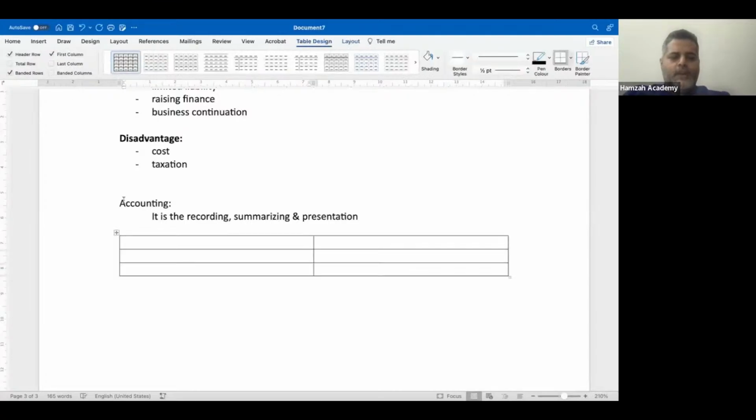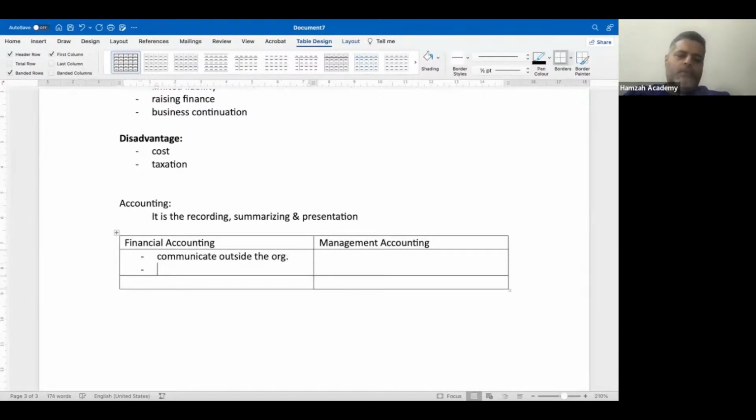One is called financial accounting. One is called management accounting. Financial accounting is something which is used to communicate outside the organization, right?